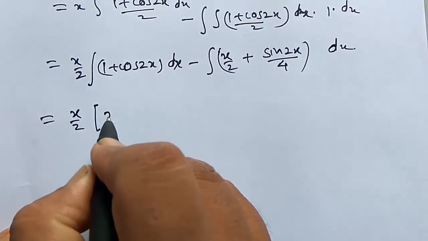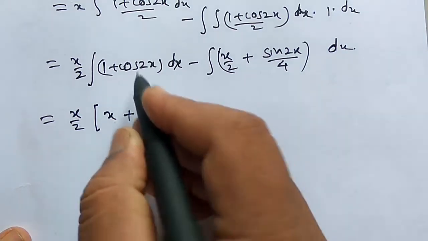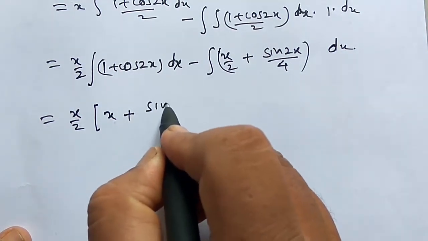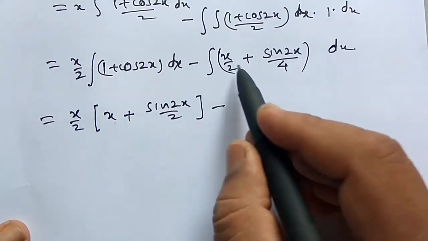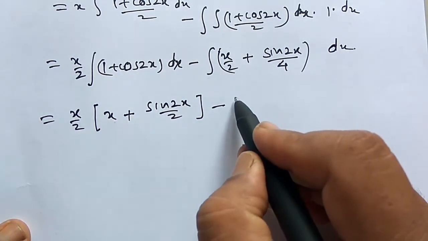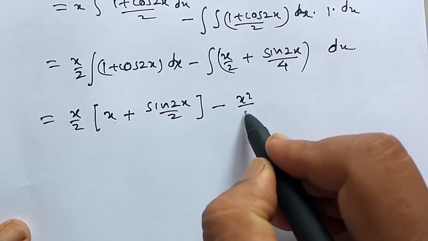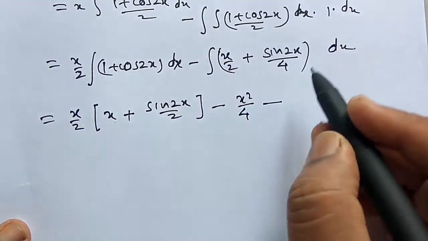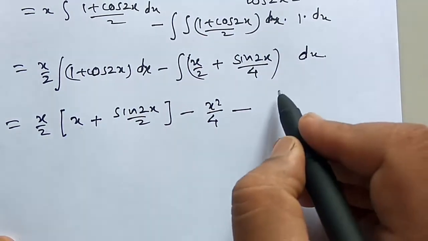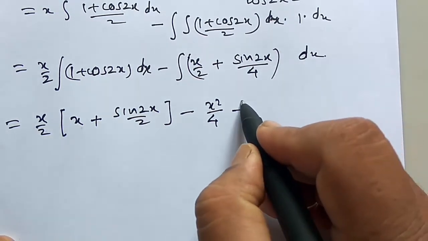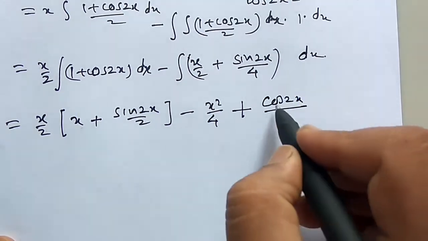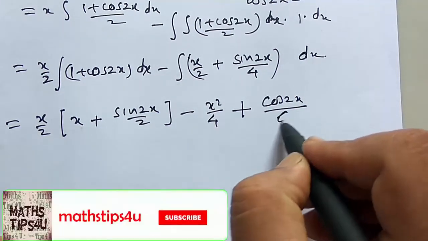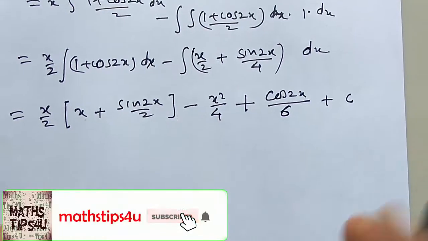So, this is equal to x by 2 into x plus sin of 2x upon 2, minus integration of x by 2, which is x square by 2, so 4, minus integration of sin 2x, which is minus cos 2x. So, it becomes plus cos of 2x divided by 2 into 4, which is 8, plus some constant.